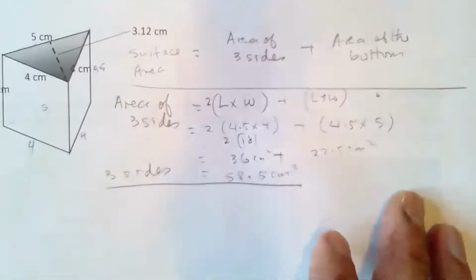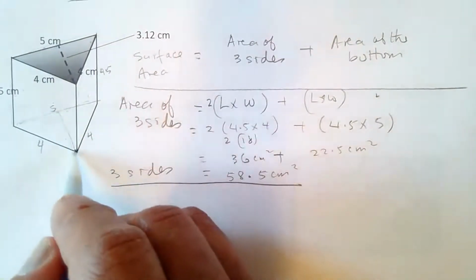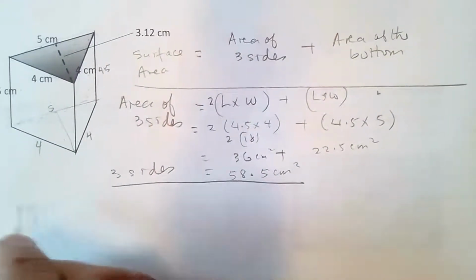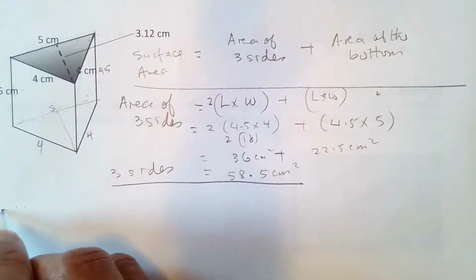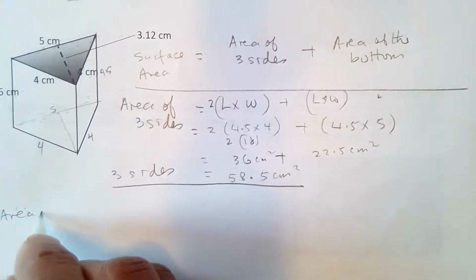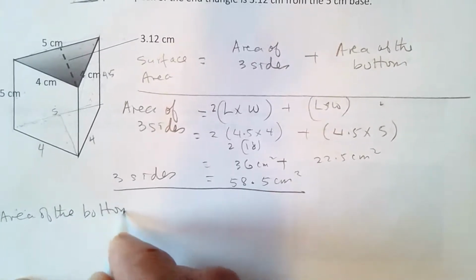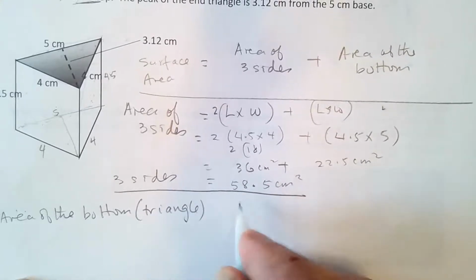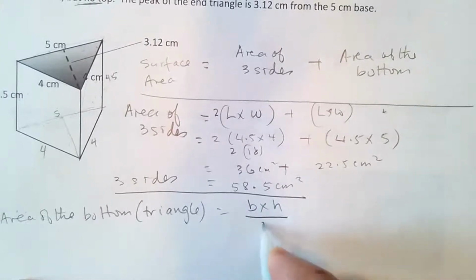Now we need to find the area of the bottom, which is this triangle here. The base is 5 and the height is 3.12. The area of the bottom, which is a triangle, is base times height divided by 2.